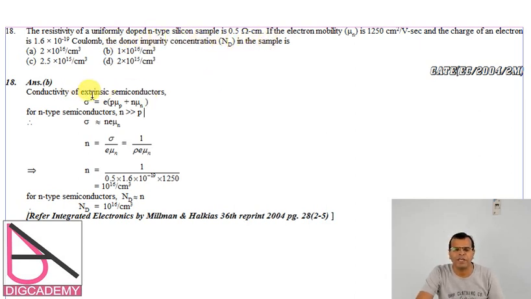We are given resistivity, but we know the conductivity for extrinsic semiconductors. This is an N-type material, so sigma is approximately n e mu_n. Then the concentration n is equal to sigma by e mu_n, and sigma is 1 by rho. So we get the concentration of electrons. Since the concentration of electrons is almost equal to the donor concentration, we get the donor concentration from this equation. This is the reference.